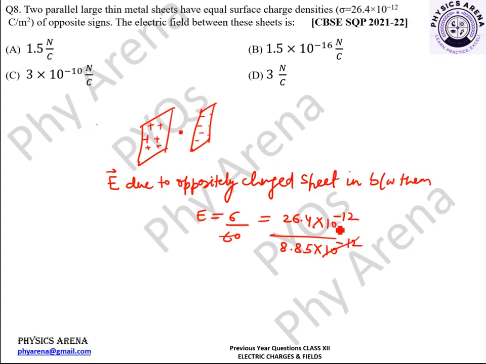So this 10 to the power minus 12 gets cancelled out with this 10 to the power minus 12, and we are left with 26.4 divided by 8.85. So when we solve it out, it is approximately equal to 3 Newton per Coulomb. So from the given options, option D is correct.